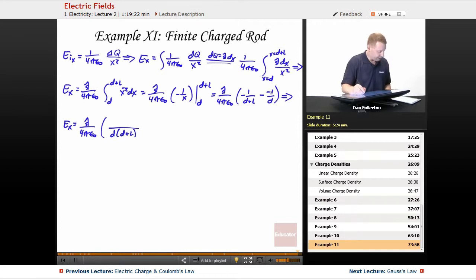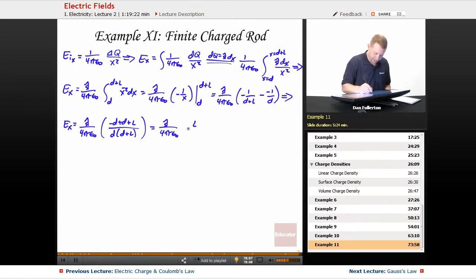We end up with a d, negative d plus a d plus an L, a little bit easier to deal with, which is lambda over 4 pi epsilon naught. Negative d plus d is going to be 0.